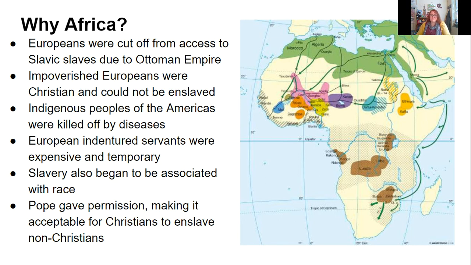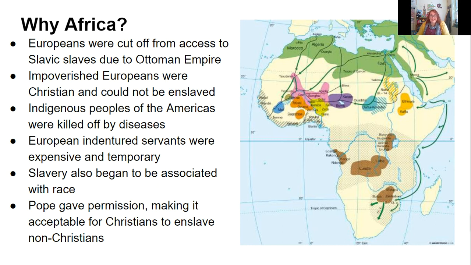Well, Europeans were cut off from access to the Slavic trades because of the Ottoman Empire. Impoverished Europeans were Christian and could not be enslaved. Indigenous peoples in the Americas were killed off so easily by disease. European indentured servants were way too expensive and they were only temporary.